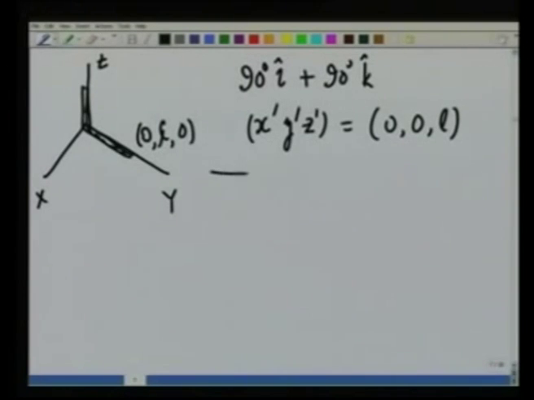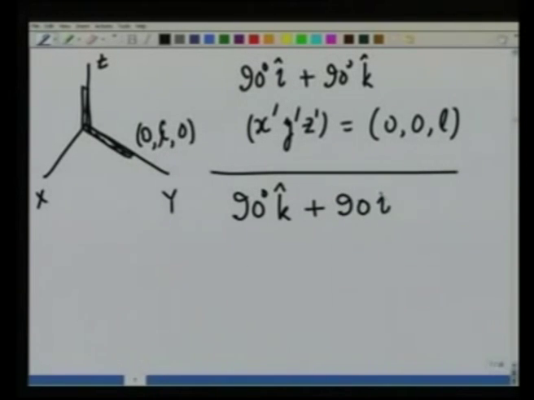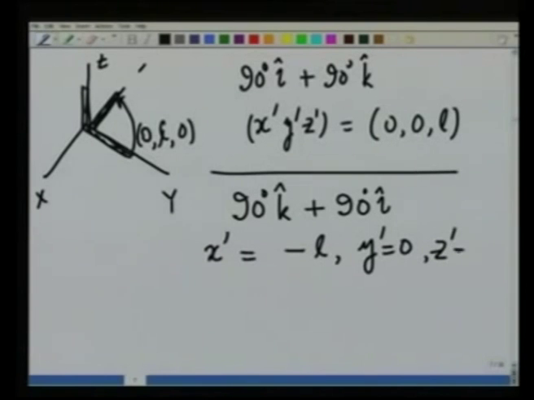Let us now do first 90 degrees about the z axis and then 90 degrees about the x axis. When I rotate it 90 degrees about the z axis counterclockwise, it will go this way, so that its end would have coordinates x prime equal to minus L, y prime equal to 0 and z prime equal to 0.